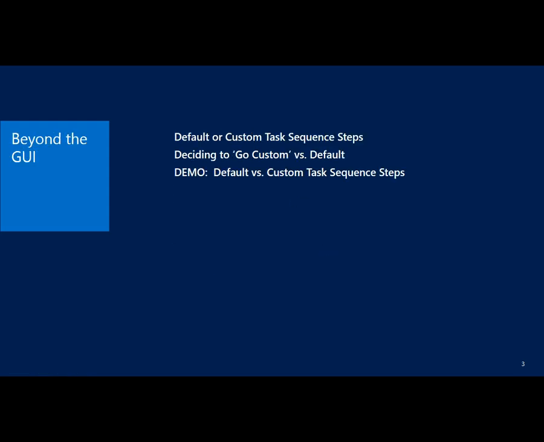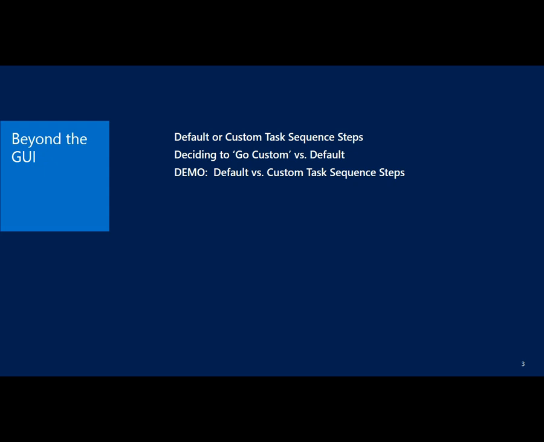So, beyond the GUI. We've talked a lot in this series about task sequences, about the steps that are in task sequences, about how task sequences run, and the phases, and Windows PE, and the Windows OS, and different things. So there comes a point at which, as we get more advanced, the question might come up: should I use an inbuilt task sequence step versus trying to do something totally custom? And I've seen it work both ways.